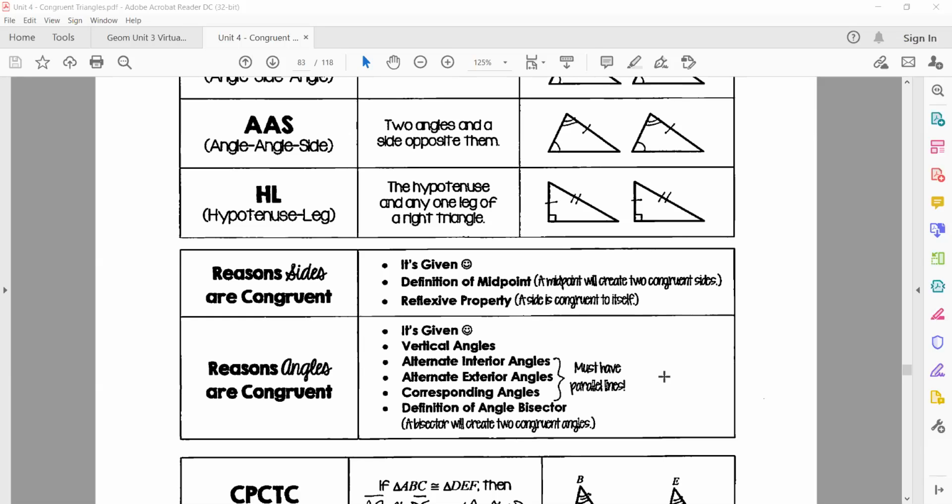Anything that's called a bisector is the same as a midpoint, only now we're talking about an angle and not a line. A midpoint actually bisects a line. Every line going through another line at the midpoint will bisect that first line. Angle bisector works the same way. It creates two congruent angles.